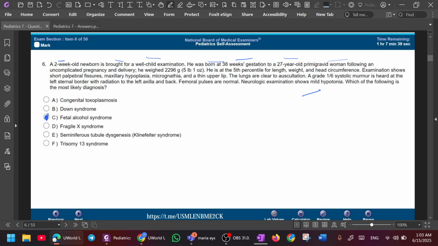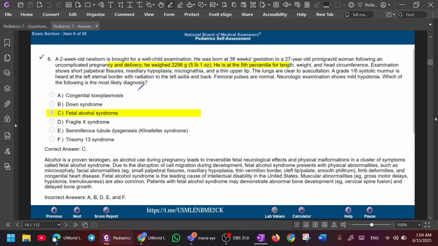Alcohol is a proven teratogen, as alcohol use during pregnancy leads to irreversible fetal neurologic effects and physical malformation in a cluster of things called fetal alcohol syndrome. Due to disruption of cell migration during development, fetal alcohol syndrome presents with physical abnormalities such as microcephaly, so small head, facial abnormalities, small palpebral fissures, maxillary hypoplasia, thin vermilion border, cleft lip and palate, smooth philtrum, limb deformities, and congenital heart disease.